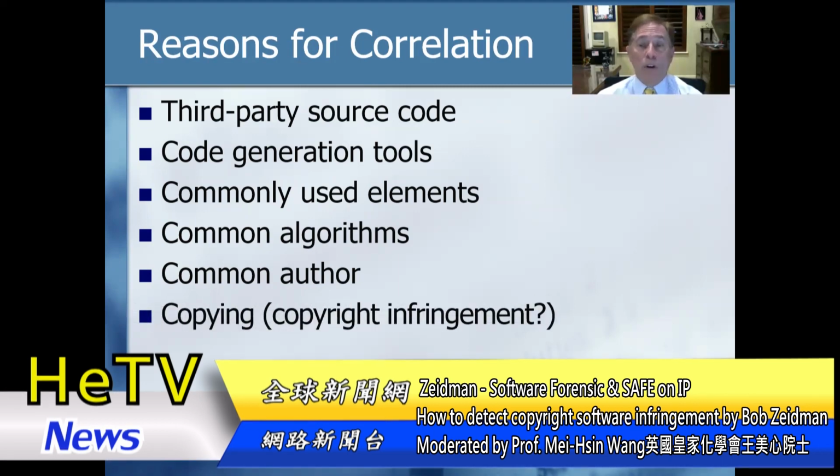However, if all of those other reasons can be eliminated as the reasons for correlation, and there's still correlation left, the conclusion is that copying occurred. The next step, of course, is a legal step to determine legally whether that copying was fair use or copyright infringement or perhaps some other reason, such as the programmer doing the copying having the permission to copy that code.